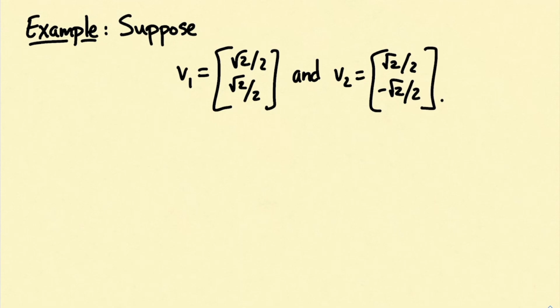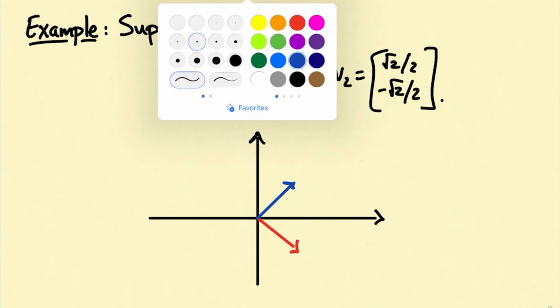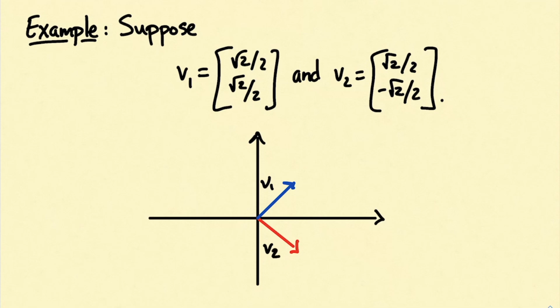If we think about this geometrically for a minute, we recognize that these are both unit vectors. To translate this back to our game, we use these two vectors as our only allowable movements in the game. And they correspond to the point on the unit circle at pi over 4 and the point on the unit circle at minus pi over 4 radians, respectively.